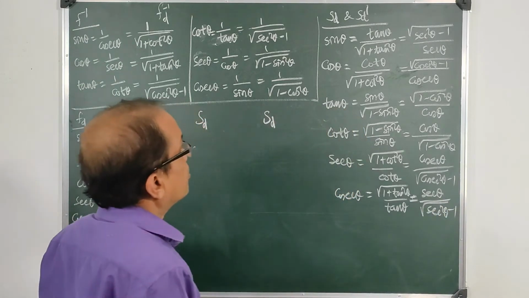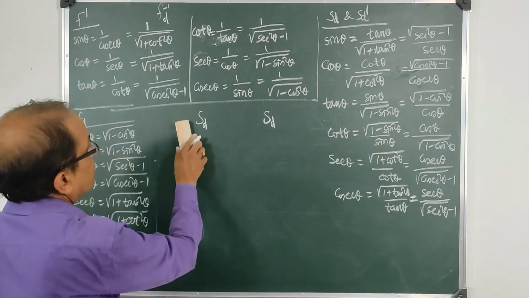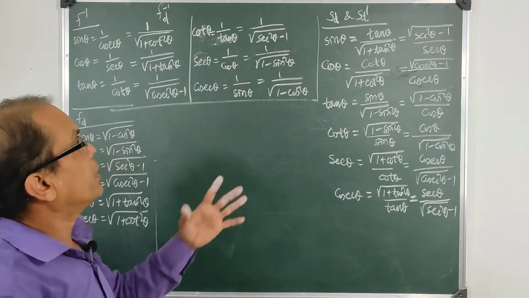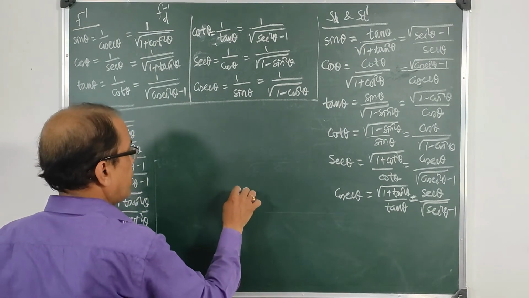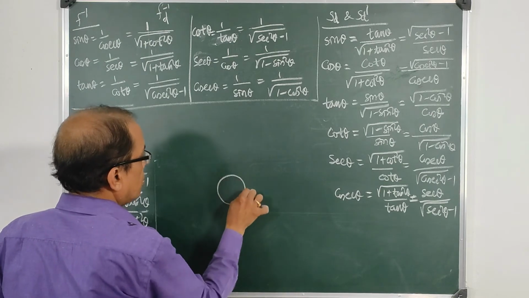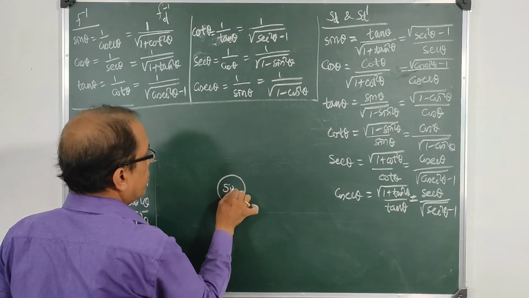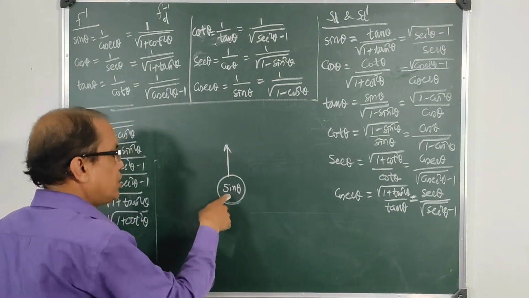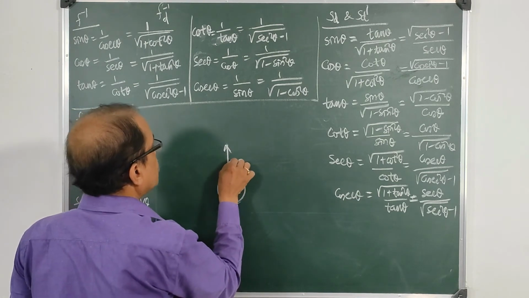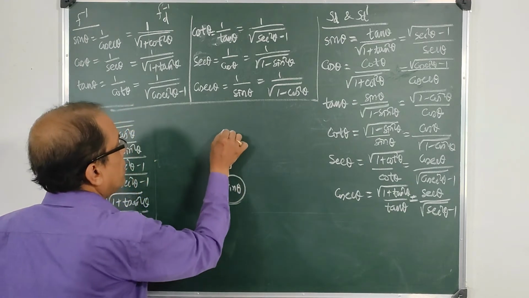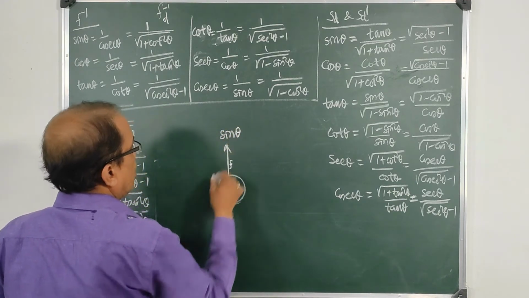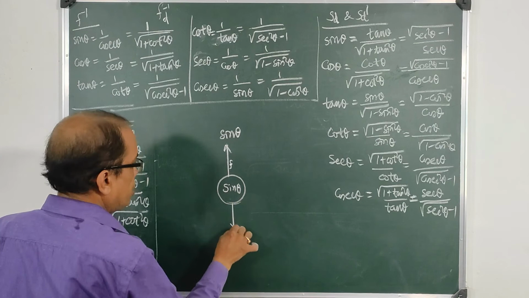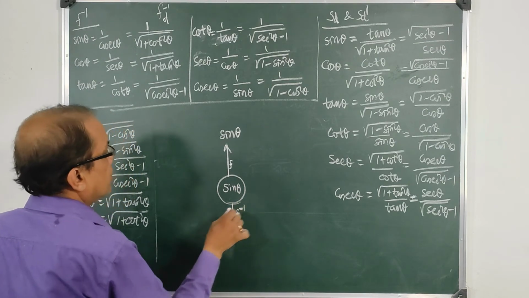Herewith we got 5 different forms of any trigonometric ratio. Let us make a round table. Take any ratio here, then ask yourself what is its form in its own form F. It is sin theta, and how much it is in its reciprocal form.